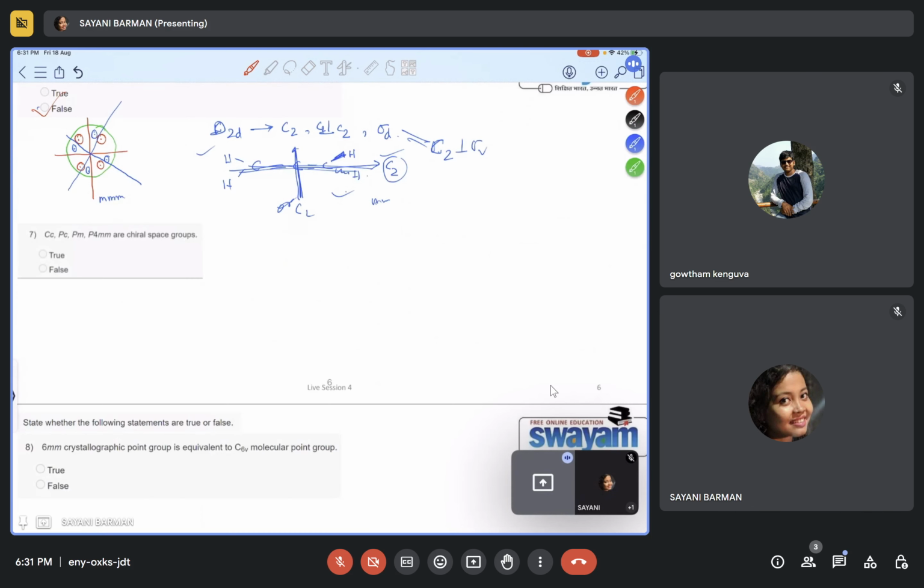Now, the second one. Are Cc, Pc, Pm, P4mm chiral space groups or not? Now, from the space group chart, we know that there are two types of space group. Firstly, we divide as centrosymmetric and non-centrosymmetric.